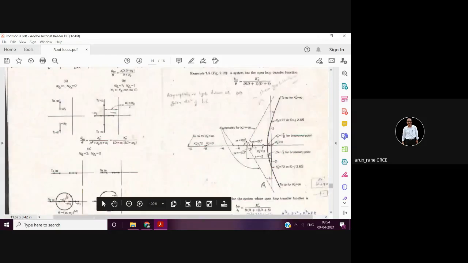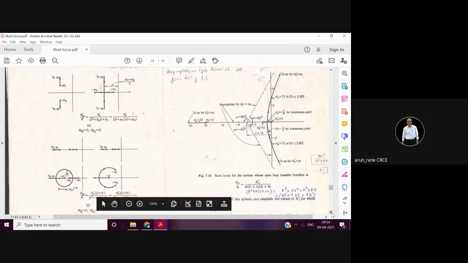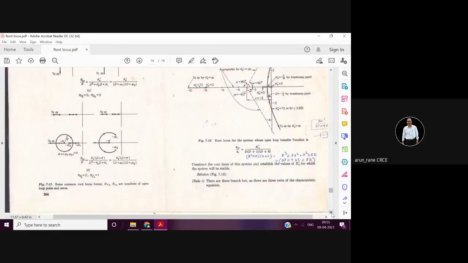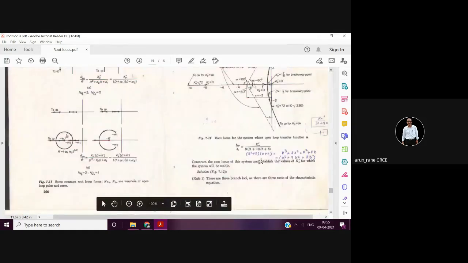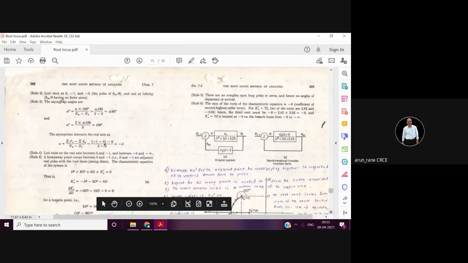So let us see the calculation now. This you have simplified, so you got it like this. There will be three roots, which means three branches.